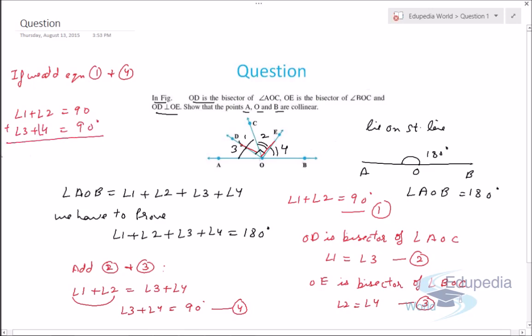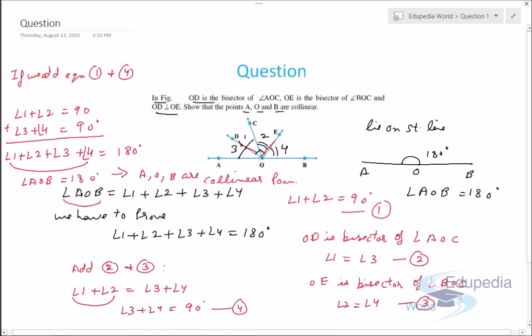If we add them, angle 1 plus angle 2 plus angle 3 plus angle 4 is 90 plus 90, which is 180 degrees. This is AOB as we have mentioned. So angle AOB is 180 degrees. This proves that A, O, B are collinear points. This is how we can prove these types of questions.